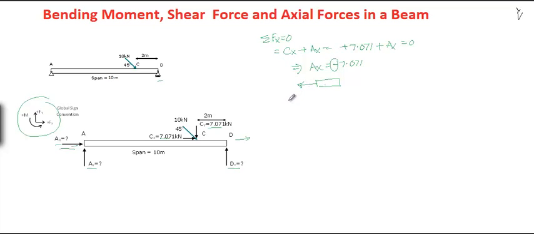Now use the next equilibrium equation, summation of moment about A equals 0, and use the normal sign convention.